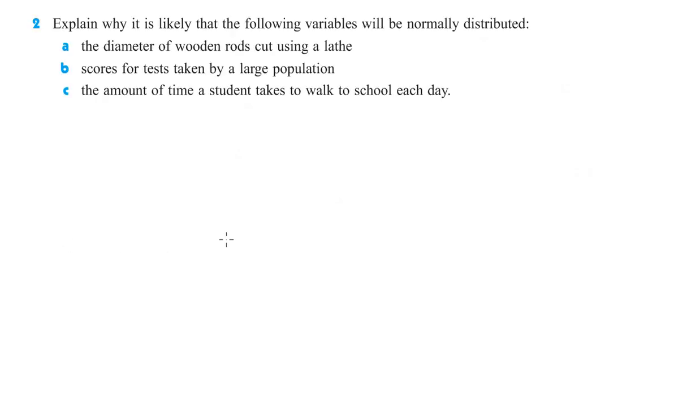Okay. Number two, explain why it's likely that the following variables will be normally distributed. Okay, the diameter of wooden rods cut using a lathe. Why would the following variable be normally distributed? Because the diameters are going to be affected by possibly the steadiness of the woodworker's hand, the operating speed.